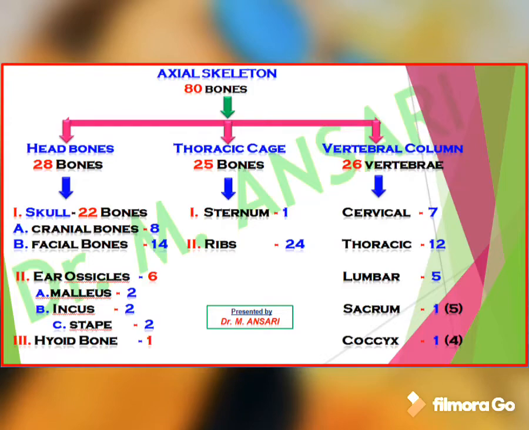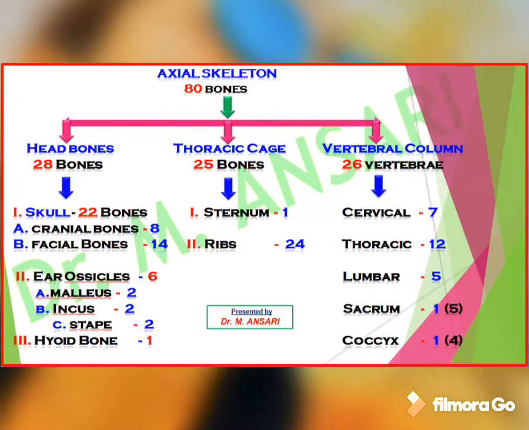In some books, ear ossicles are included in skull bones. If ear ossicles are included in skull bone, the total number of bones in skull becomes 28. While according to some books, skull consists of 29 bones. This 29 is due to altogether cranial bones, facial bones, ear ossicles and hyoid bone.